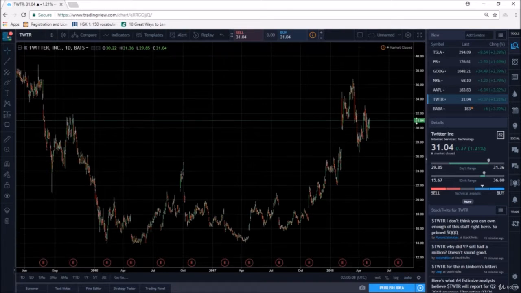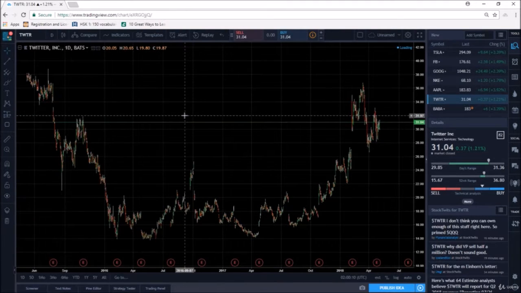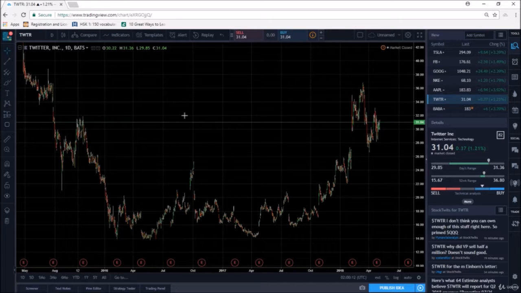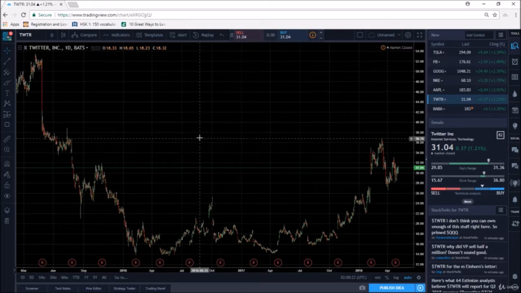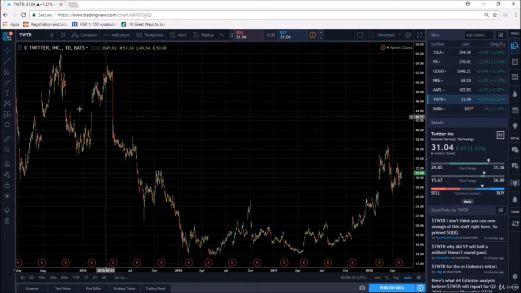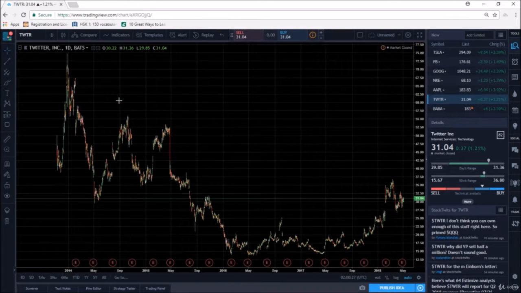When you analyze a stock, one of the things you need to do is reduce the noise. What I mean by noise is that you see a lot of sideways movement going on, and there is no clear pattern appearing in the stock.